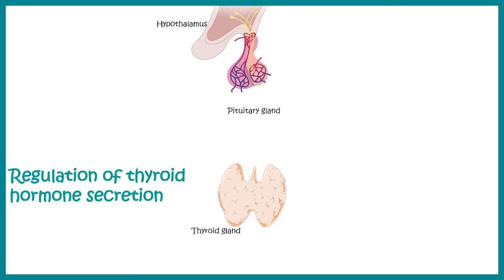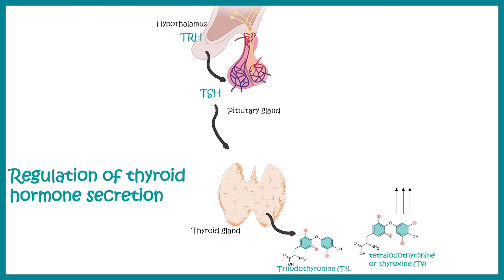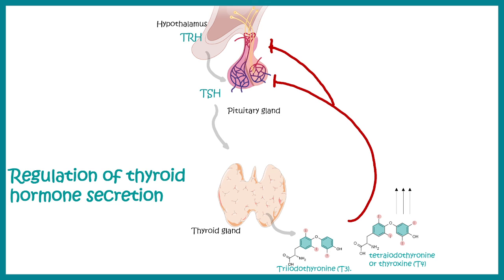So we know the thyroid gland produces thyroid hormones, but there are upstream modulators, meaning the hypothalamus secretes thyrotropin releasing hormone that regulates TSH release from the pituitary gland. Now TSH controls thyroid hormone production, and when thyroid hormone production is too much in the body, these hormones give feedback to the hypothalamus and pituitary and tell these organs to cut down production of TRH or TSH.